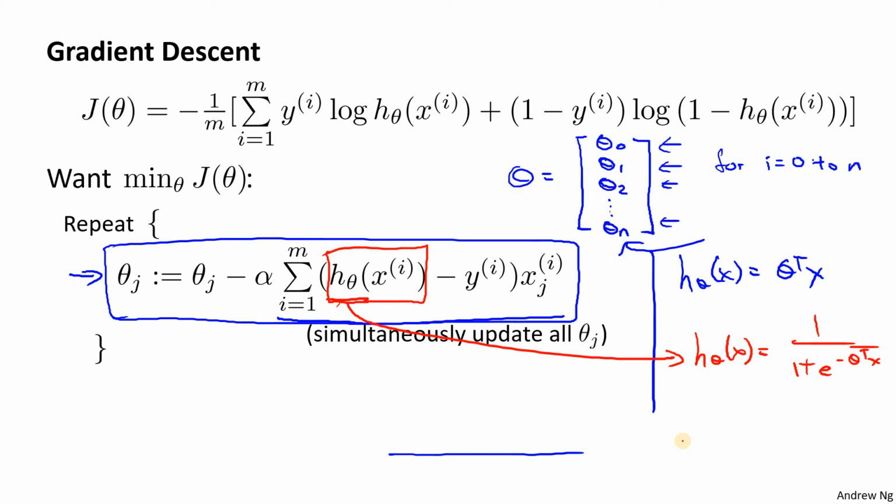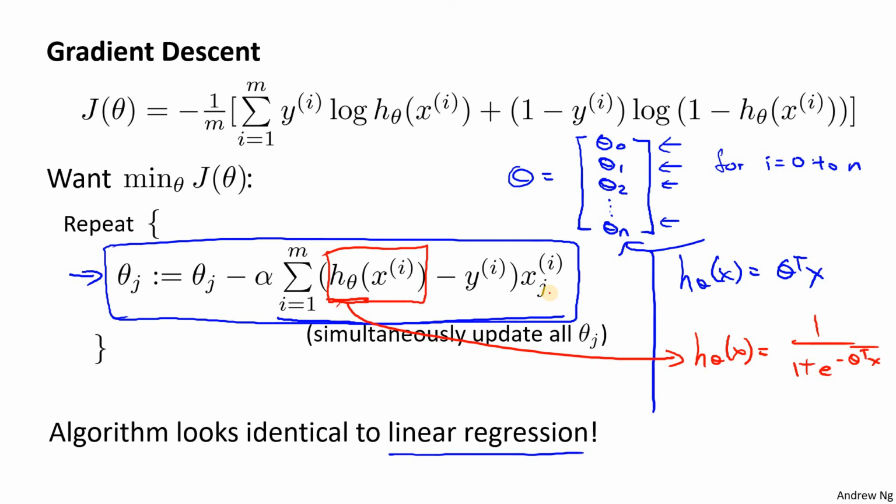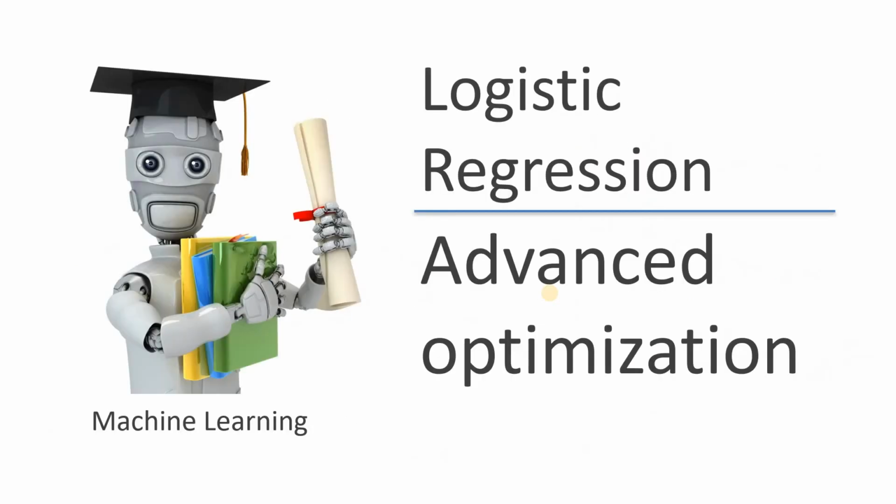So we repeat it, and you see over here we simultaneously change the theta values with this formula: theta minus alpha times this error function, and the error function here is h minus y into x. At this point, the algorithm looks similar to linear regression.